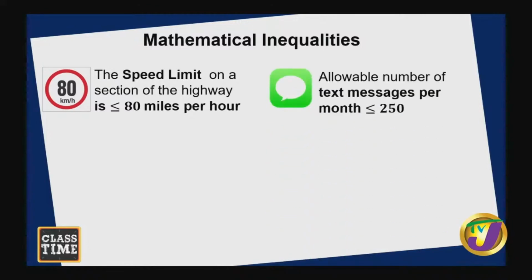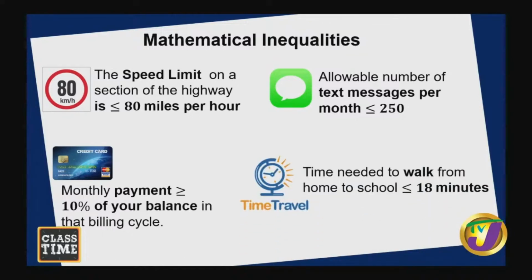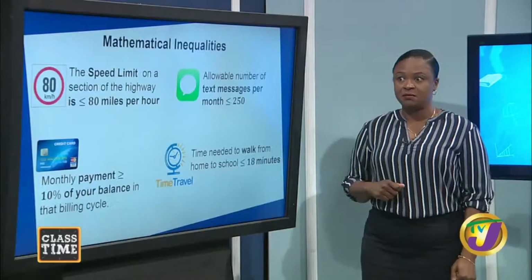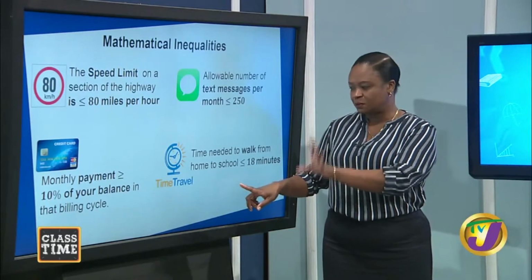The number of text messages per month is less than or equal to 250. The monthly payment on our credit card bills needs to be greater than or equal to 10% of your balance in that billing cycle. And the time we need to walk from home to school is less than or equal to 18 minutes. So these are lived examples where we speak about inequality.